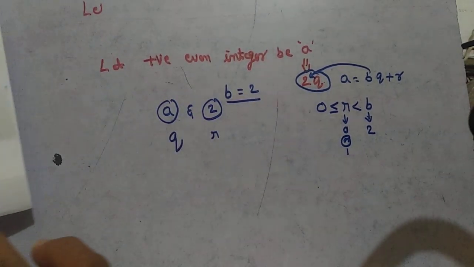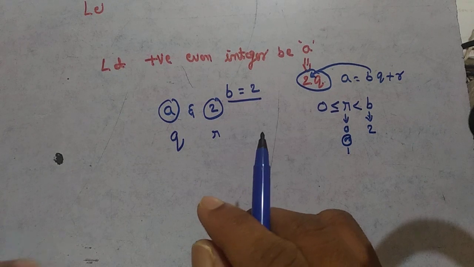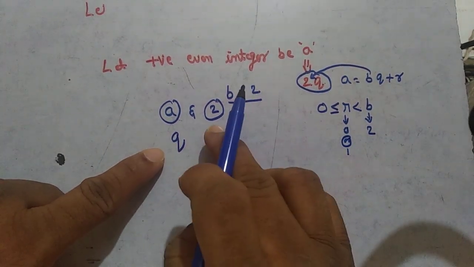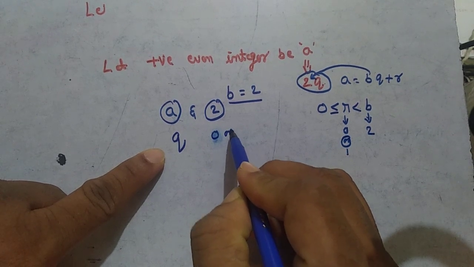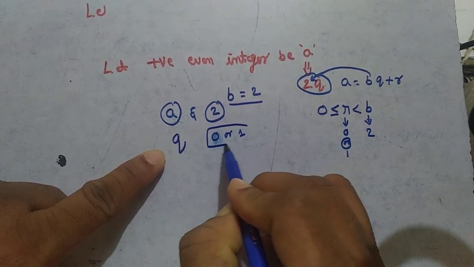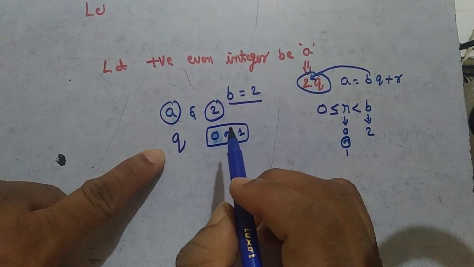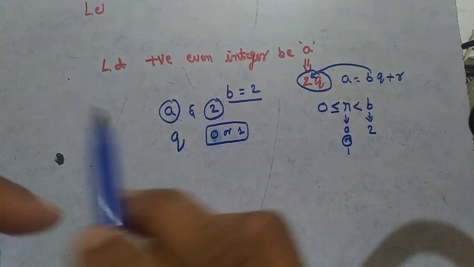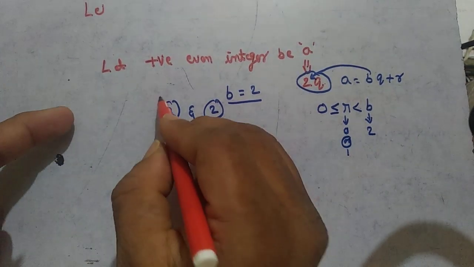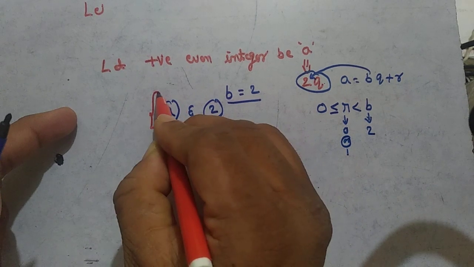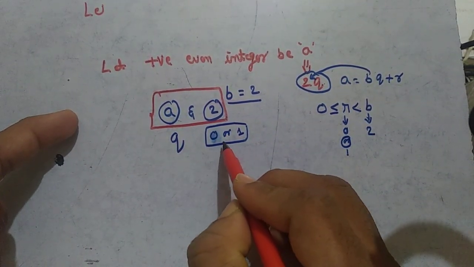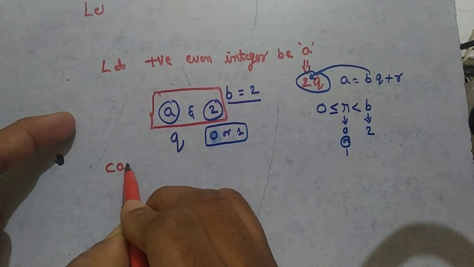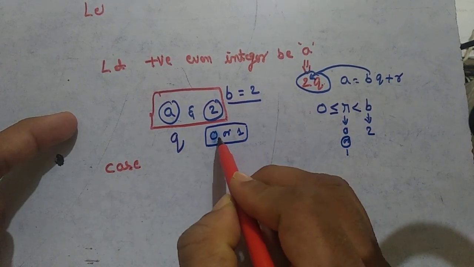So r will be less than b, meaning it may be 0 or 1. So when you apply this, the remainder will be 0 or 1. So we got four things here. These are the basic two things, a and 2. We got two more things, quotient and remainder. The remainders are 0 and 1.